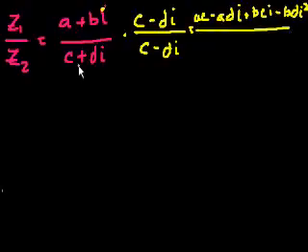All of that. And this is like (a plus b) times (a minus b), so it's equal to a squared minus b squared.